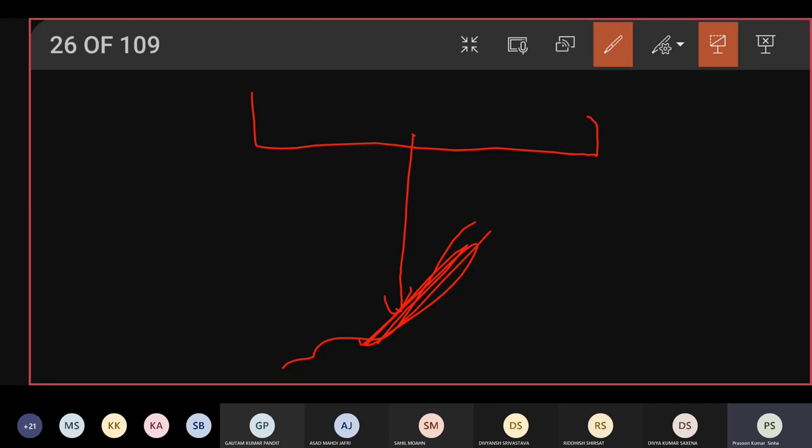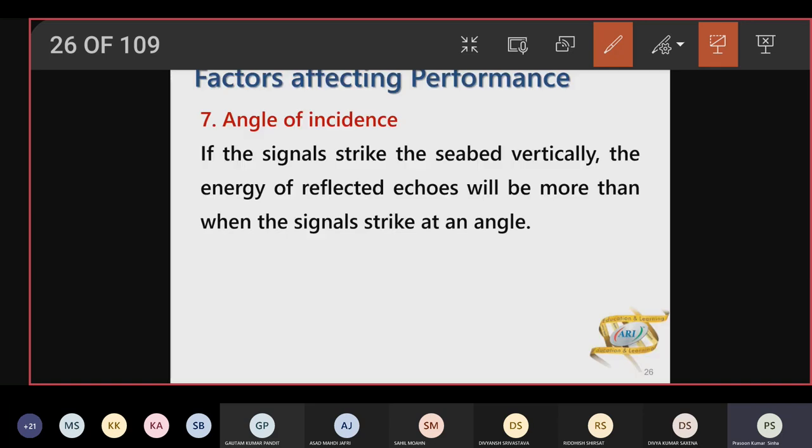Chances है कि the reflections will go in this direction, but part may be received in this direction also. So angle of incidence on the surface does make a difference. Not only transmission, but also the angle of incidence at the surface.